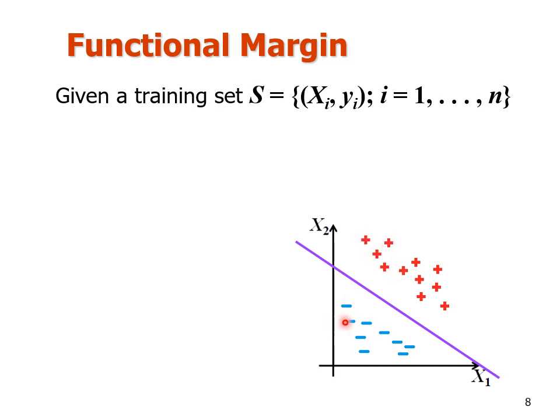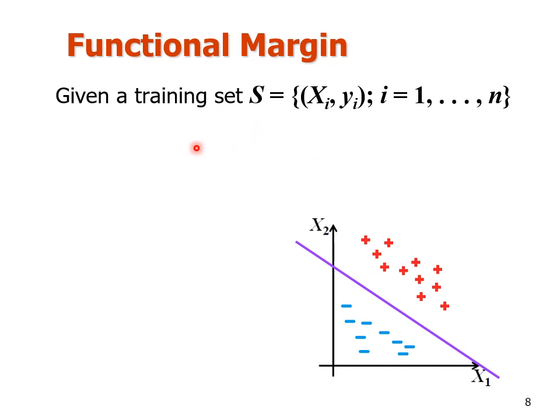So what we will be doing is, we will be finding out the functional margin of every data point belonging to S. That means for every xi, yi, we are going to compute gamma i hat, and out of these n functional margin values for n samples, we will be finding out the minimum value of functional margin, and that would be the functional margin of a training set S, and it is denoted as gamma hat.